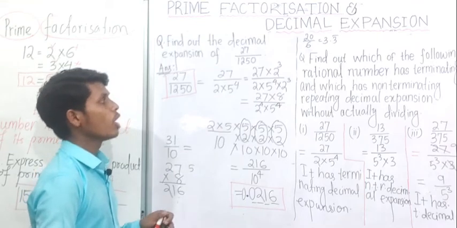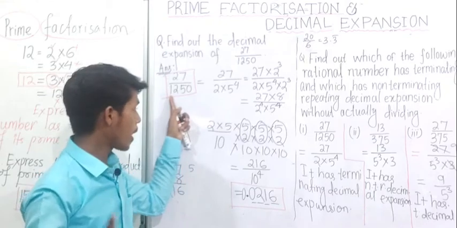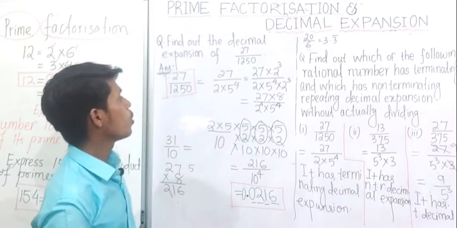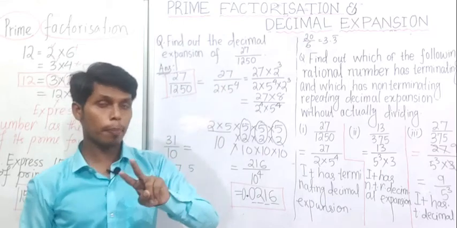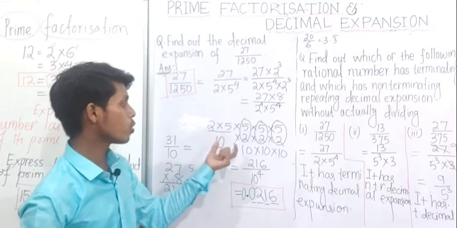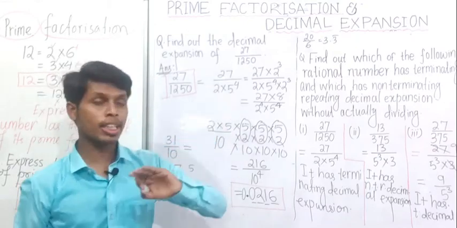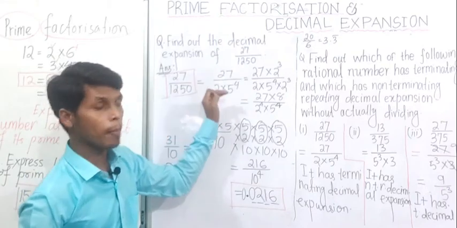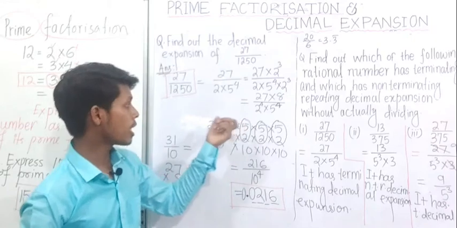What you need to do, every time, at first you have to factorize the denominator, then you have to check if 2 and 5 have the same exponent. If they have the same exponent, there you don't need to do the second step. If the exponents of 2 and 5 are not the same, you have to make them the same by multiplying either 2 or 5, whatever is needed in the question.